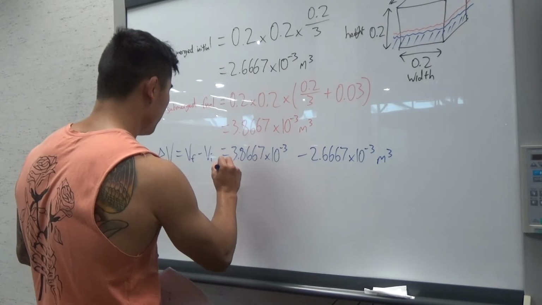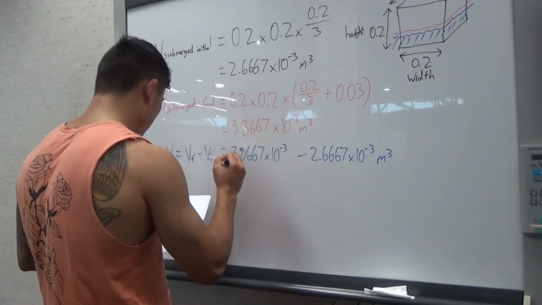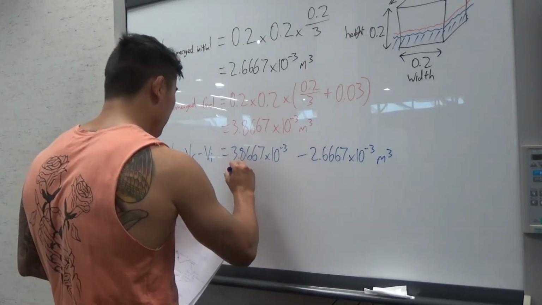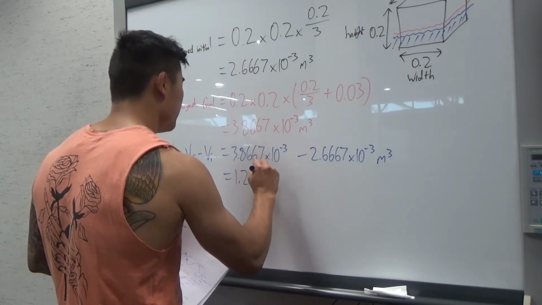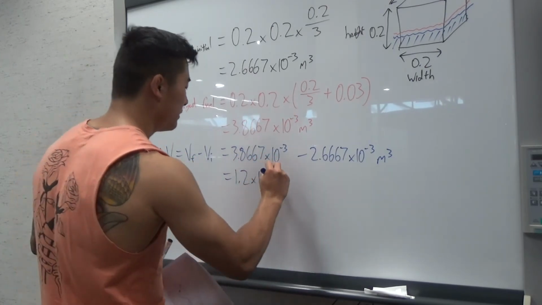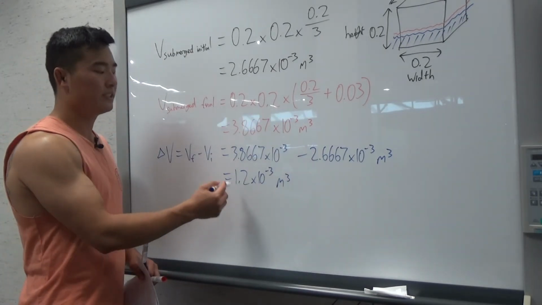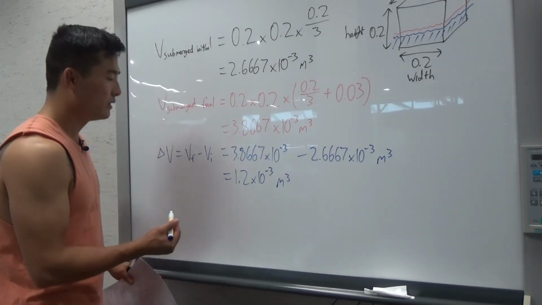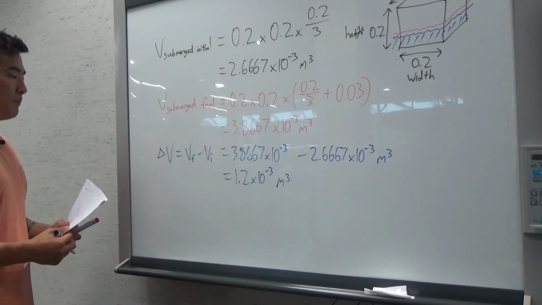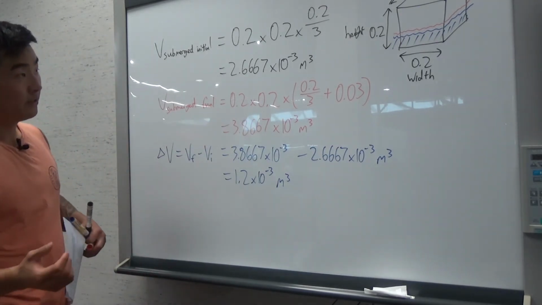Okay, so that will give us 1.2 times 10 to the negative 3 meters cubed, or in other words, that's 0.0012.